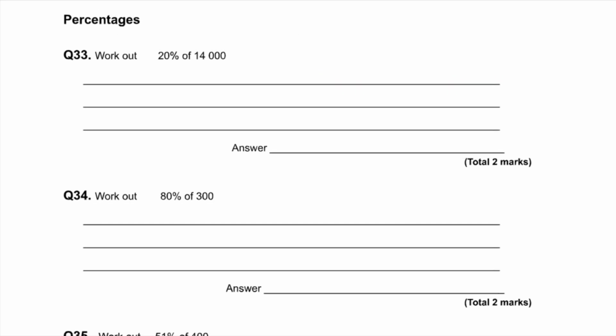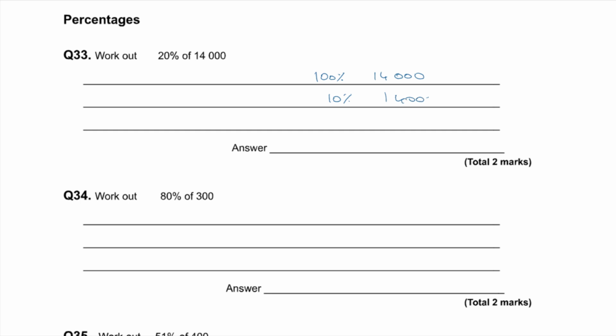Next up, percentages. This is going to be percentages without a calculator, so it's all about chunking and finding easy percentages that we can then piece together, like 50%, 10%, 5%, 1%. If I've got 100% of something equal to 14,000, 10% of that is going to be 1,400.